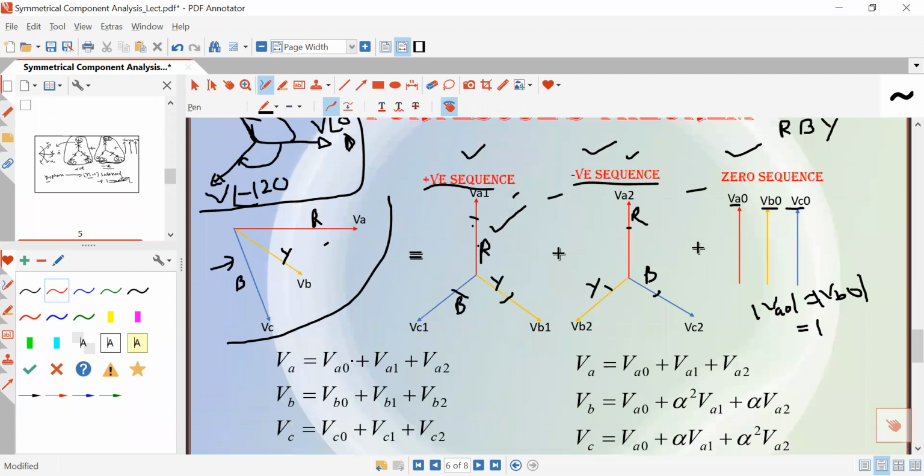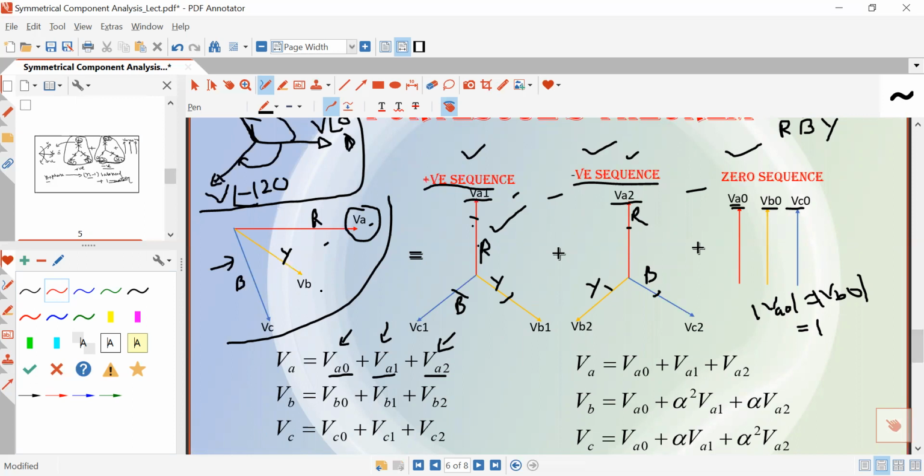And according to this theorem, if you want to write this unbalanced phasor VA in terms of symmetrical components, then VA will be equal to VA naught plus VA1 plus VA2: one zero sequence component, one positive sequence component, and one negative sequence component.